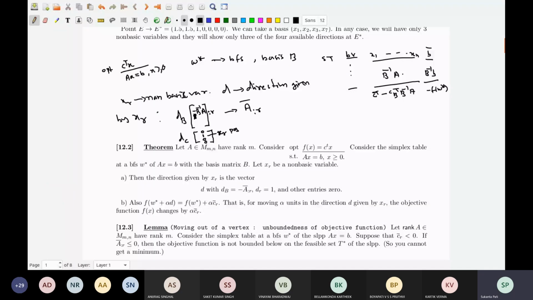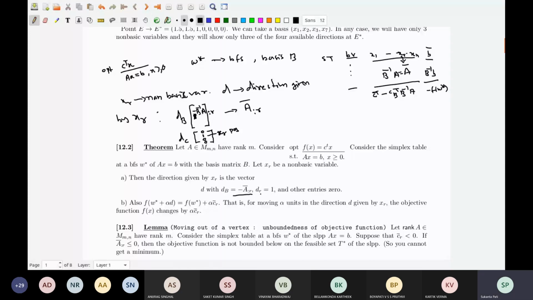So whatever is there under XR, that column you write with a minus sign. That is the direction. So the direction with dB is equal to minus of that column, the Rth entry d of r equal to 1, and other entries are 0. That is how you get the direction.